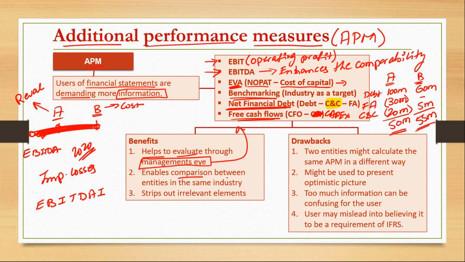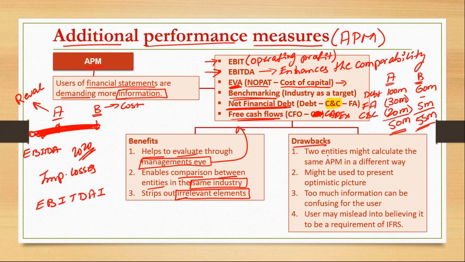This enables comparison between entities in the same industry if they are calculating the ratios the same way. It strips out irrelevant elements, like in EBITDA, we remove the impact of depreciation and amortization because that was an irrelevant element for us.